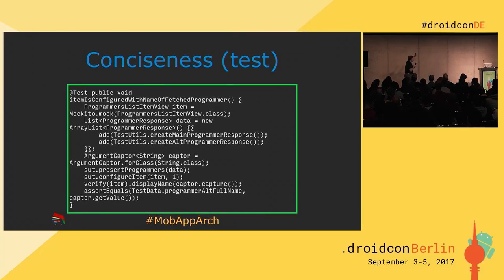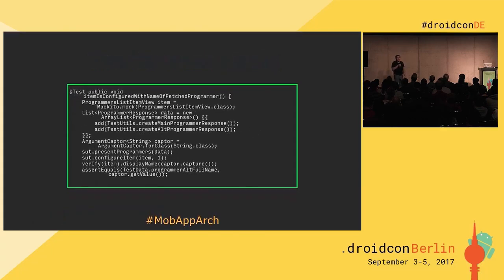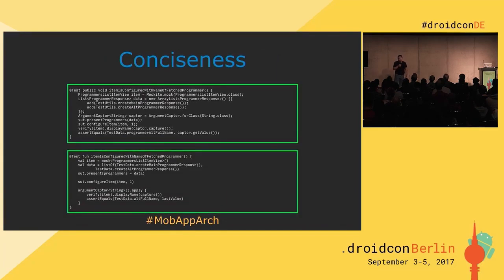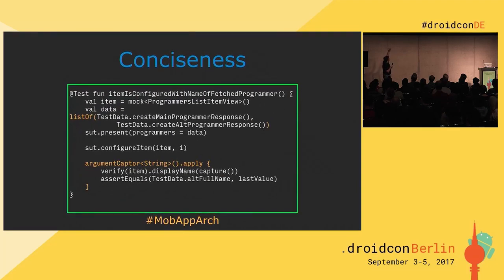This is a very simple unit test using Mockito and Java. I have to define an array with the fixture data that I'm going to use and check that the data is passed properly to the presenter. What do I do here? Same thing in Kotlin. But because the way I apply the capture there is nicer, I need less code.